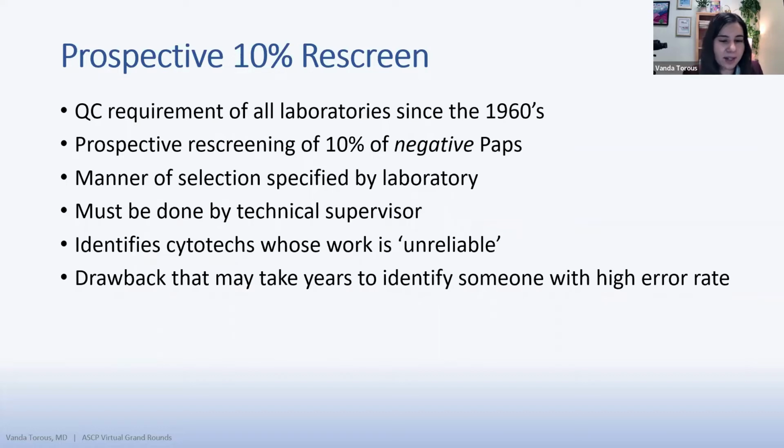So it can take a long time to identify problems should there be any. But one thing that it may have some utility for is increased vigilance. Like if you know that 10% of your cases are going to be reviewed by somebody else, theoretically there is going to be some increased vigilance because of that. So there are some uses to this.